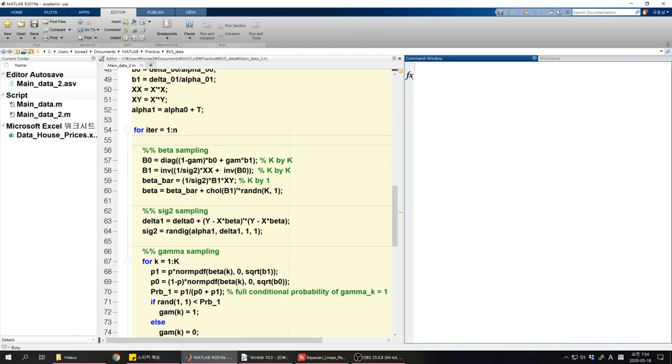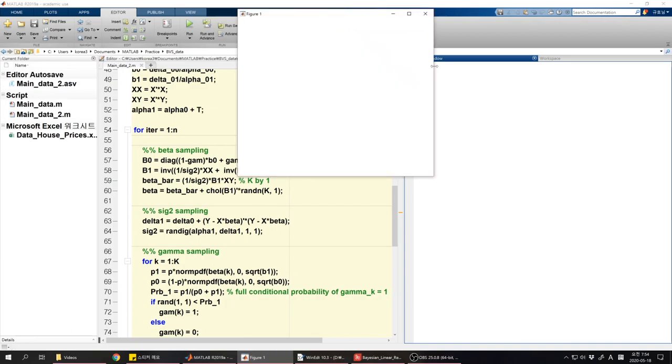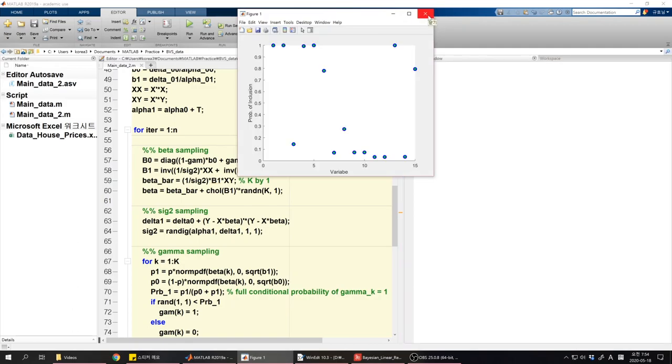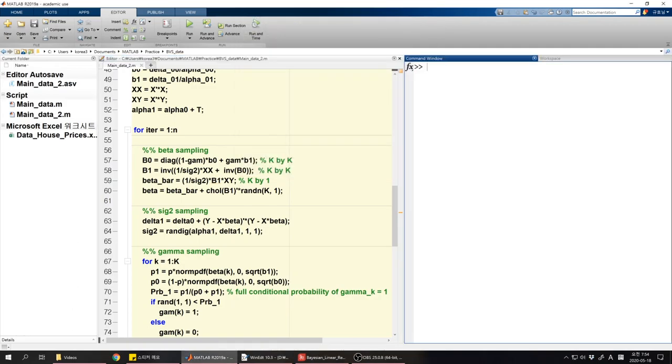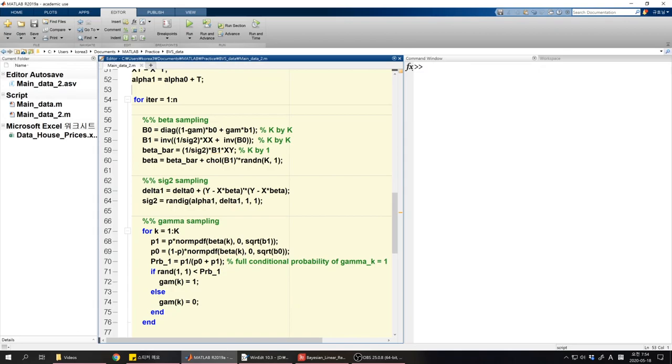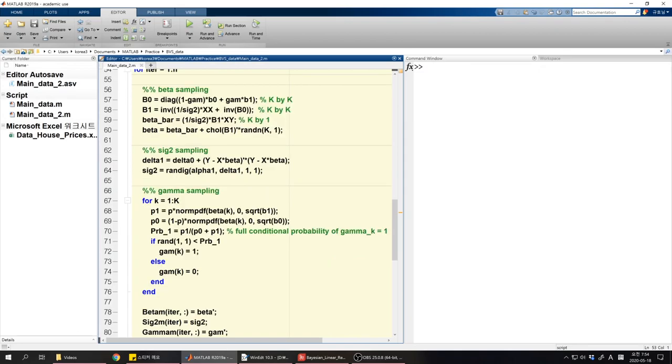It's running, and there's no error so far. Good. Let's begin with P, because P is very simple.